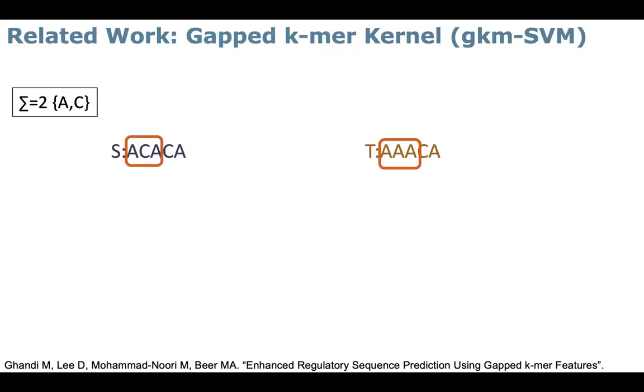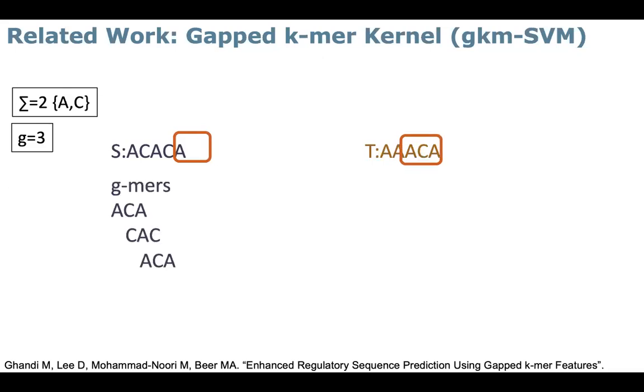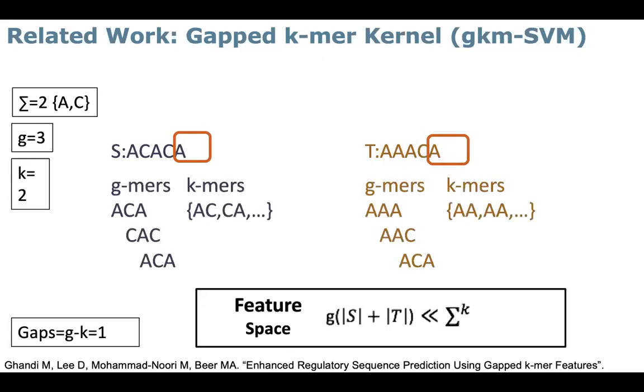So people created an idea called gkm-SVM. The fundamental idea is relatively complicated, so I'm not going to talk about the details. In summary, they convert the original sigma to the k space into a new space called the gmer-based space, and then inside the gmers of each of the strings, they search for k-mers.